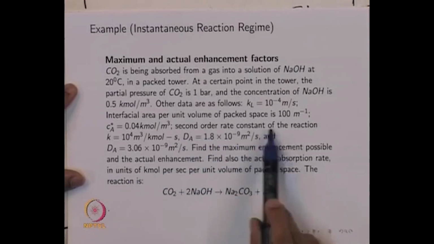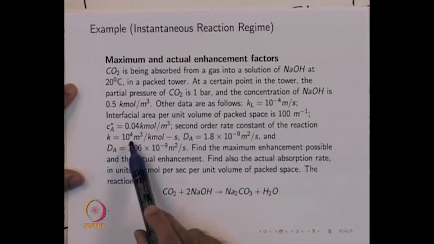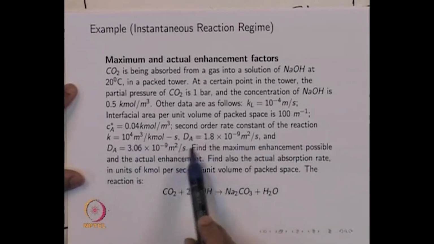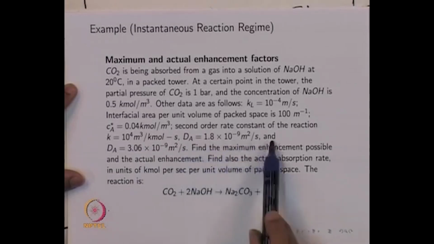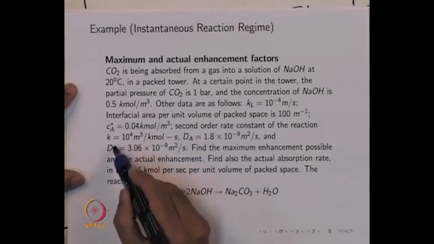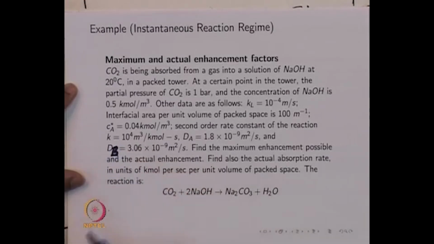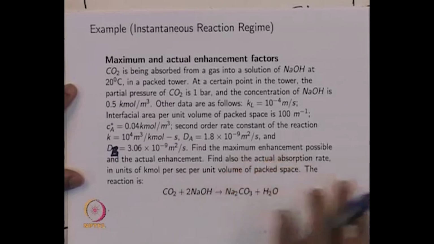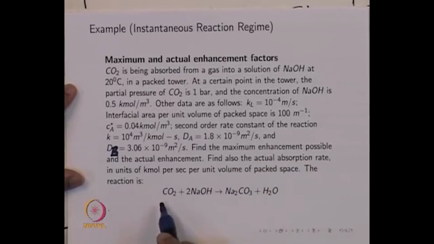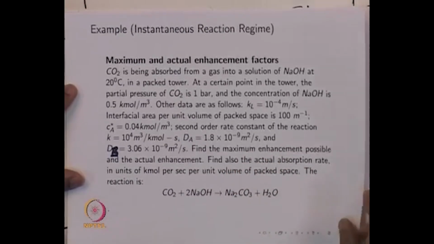The second order rate constant of the reaction is 10 to the power 4 meter cubed per kilomole second, and the diffusivities of A and B are given. Find the maximum enhancement possible and the actual enhancement, and find also the actual absorption rate in units of kilomoles per second per unit volume of packed space. The reaction stoichiometry is given here: 1 mole of carbon dioxide reacts with 2 moles of sodium hydroxide.